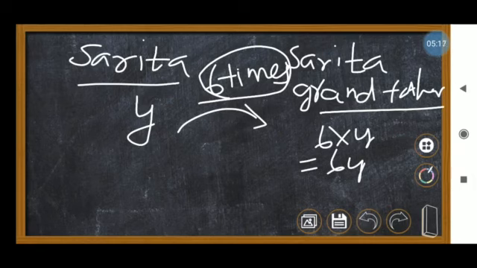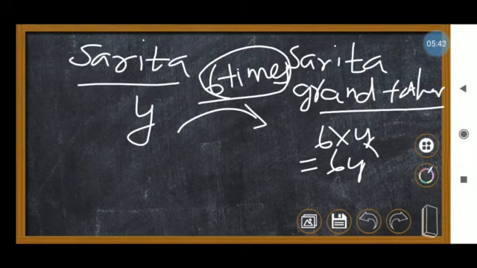Now the last question is Sarita's father's age is 5 years more than 3 times Sarita's age. Okay, the fourth question I left, we will see that fourth question. Grandmother is 2 years younger than grandfather. So what is the grandmother's age?